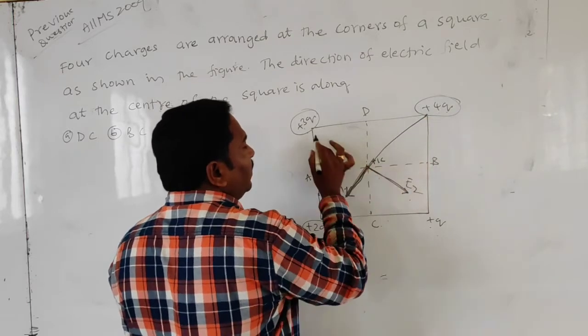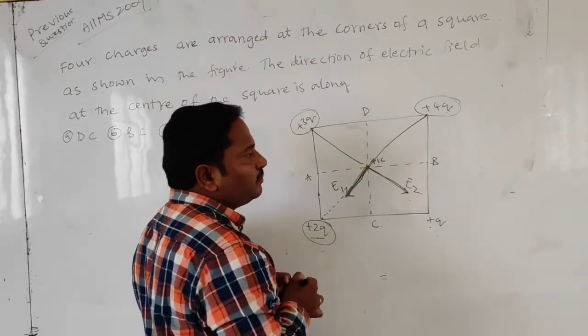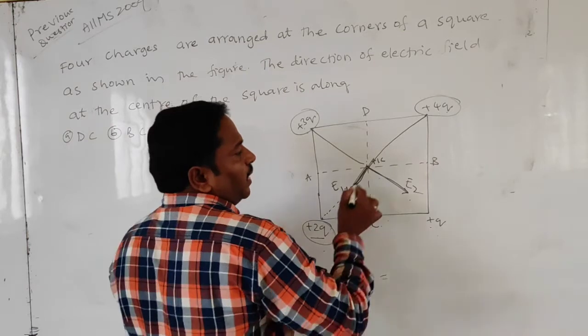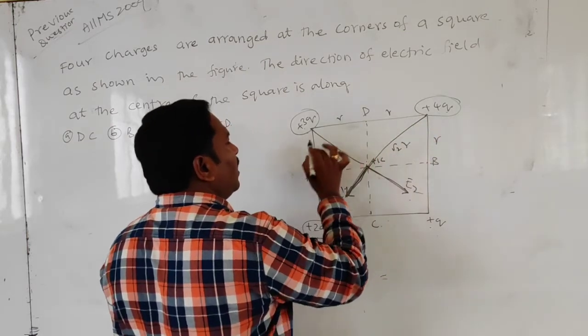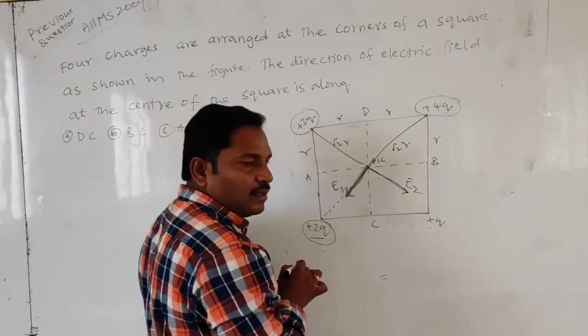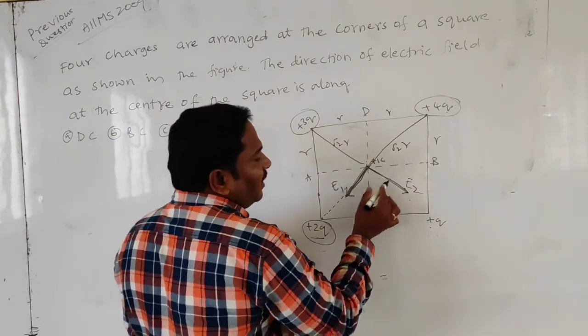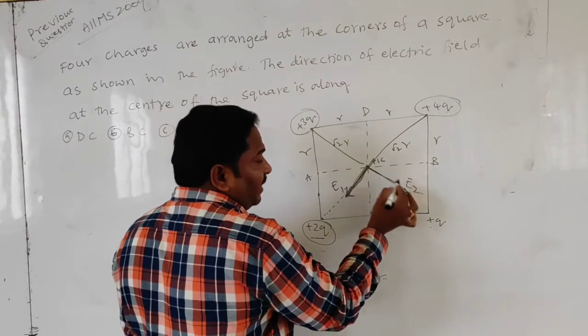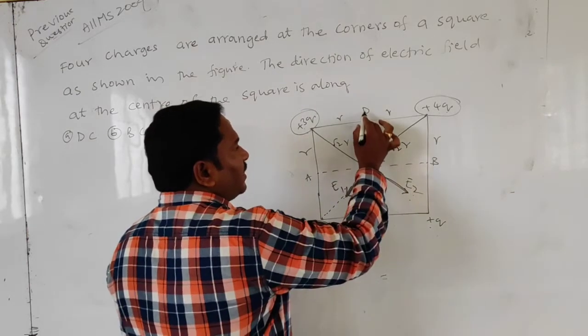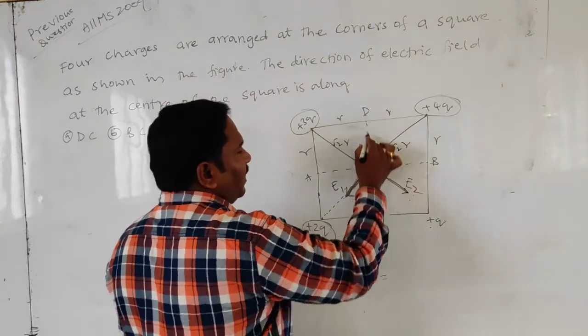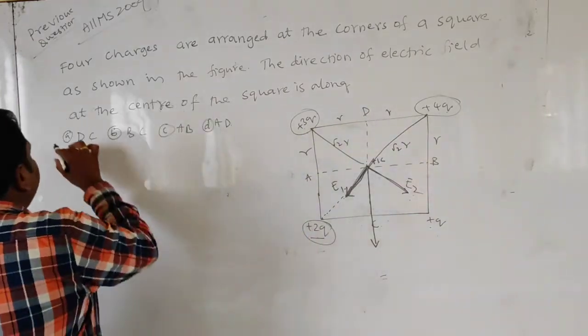The distance also is the same: if it is R, it's R, and root 2R, this is also root 2R. That means the resultant electric field is exactly in between E1 and E2, so it is in the direction of DC.